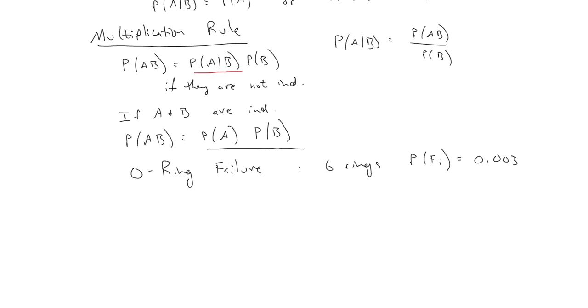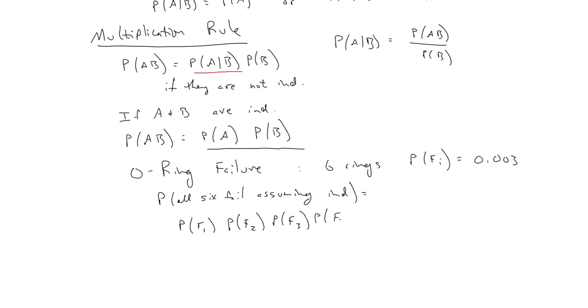They're saying, well, they're not all 6 going to fail together, right? What's that probability? The probability that all 6 fail, assuming independence, would be the probability that O-ring 1 fails times the probability that O-ring 2 fails, and so on.